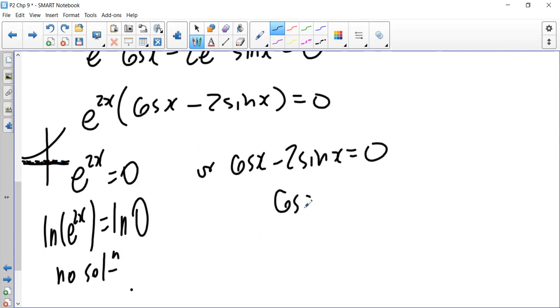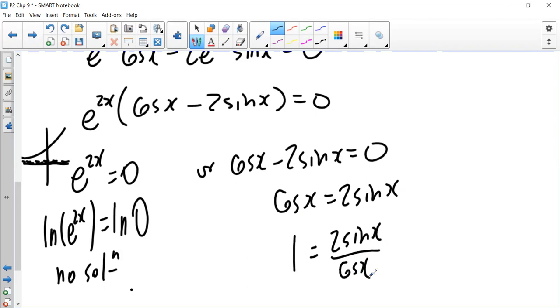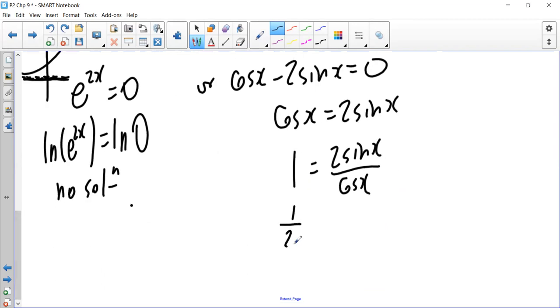Anyway, back to the right-hand side. We can now bring the 2 sin x to the right-hand side. Divide both sides by cos x to make a tan. So cos x divided by cos x is 1, and 2 sin x over cos x makes 2 tan x. So divide by 2, so a half equals tan x.